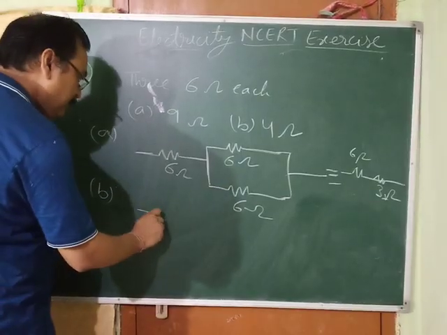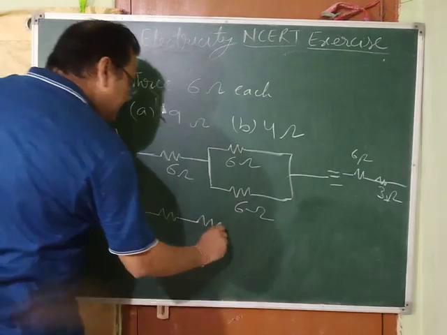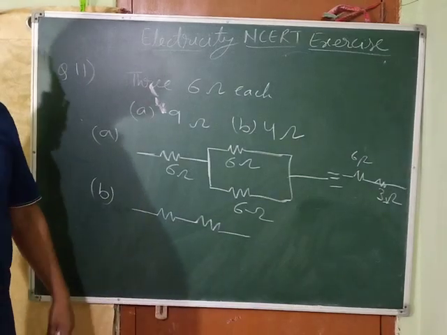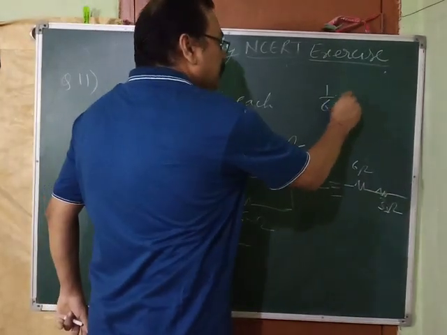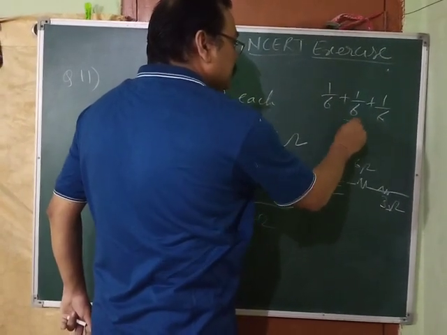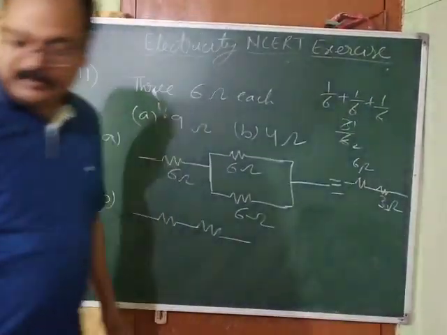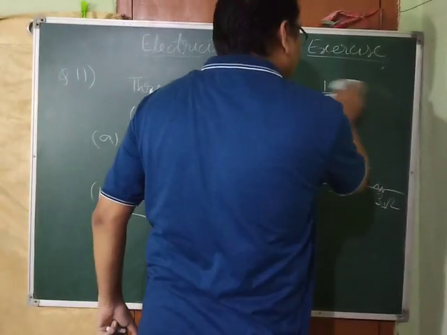See, if you connect all 3 in parallel, then what will you get? 1 by 6 plus 1 by 6 plus 1 by 6, that is 3 by 6, which is 1 by 2. So you will get 2 ohm. And here it is asked to get 4 ohm. So we cannot connect all of them in parallel.